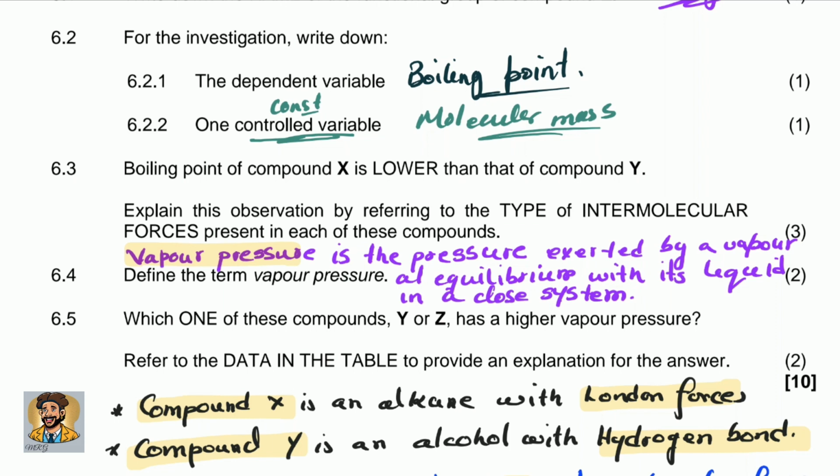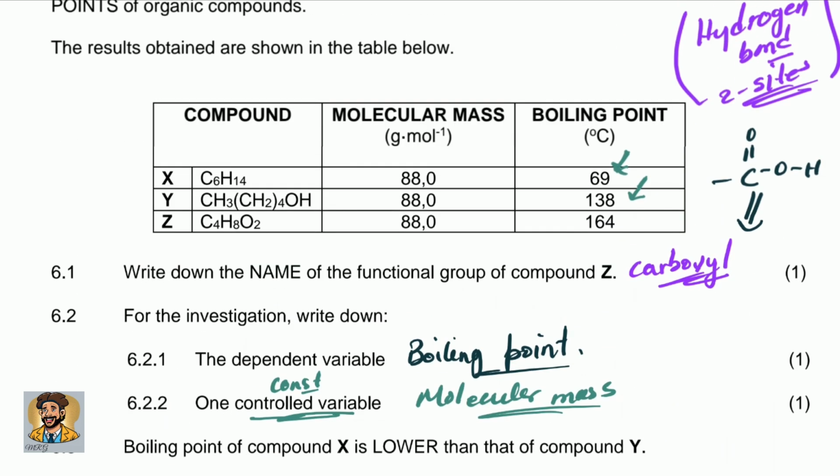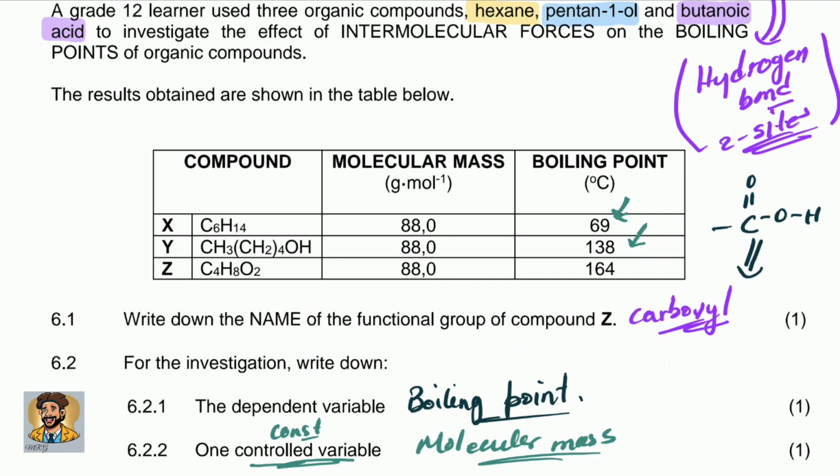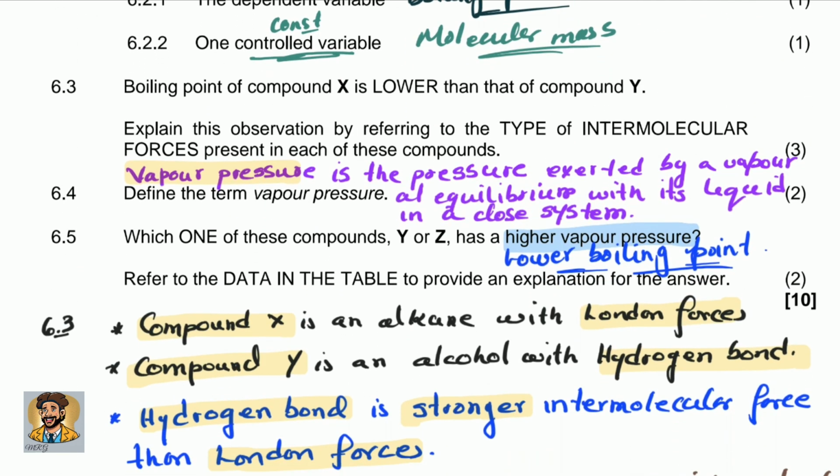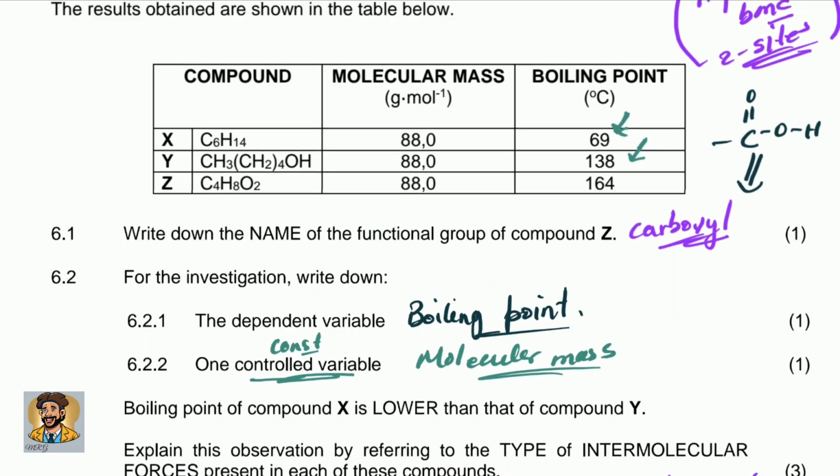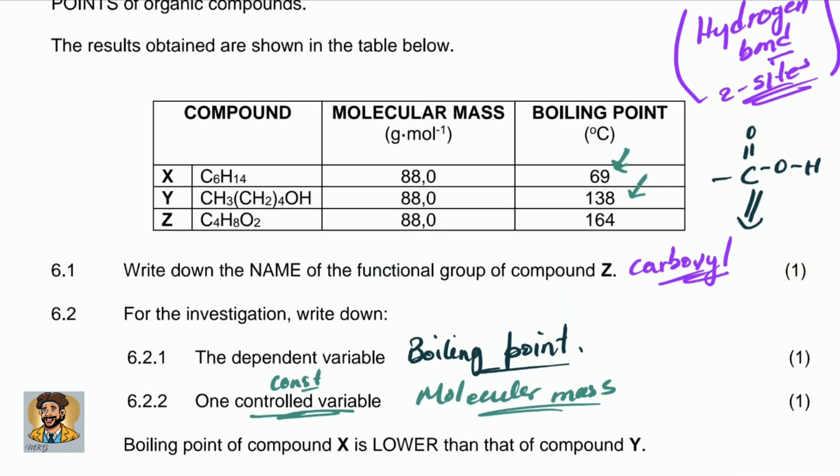Question 6.5, which one of these compounds, Y or Z, has the highest vapor pressure? And I'm only going to write higher vapor pressure means lower boiling point. So if we go back to the table, between Y and Z, the one with the higher vapor pressure is the one that has the lowest boiling point.